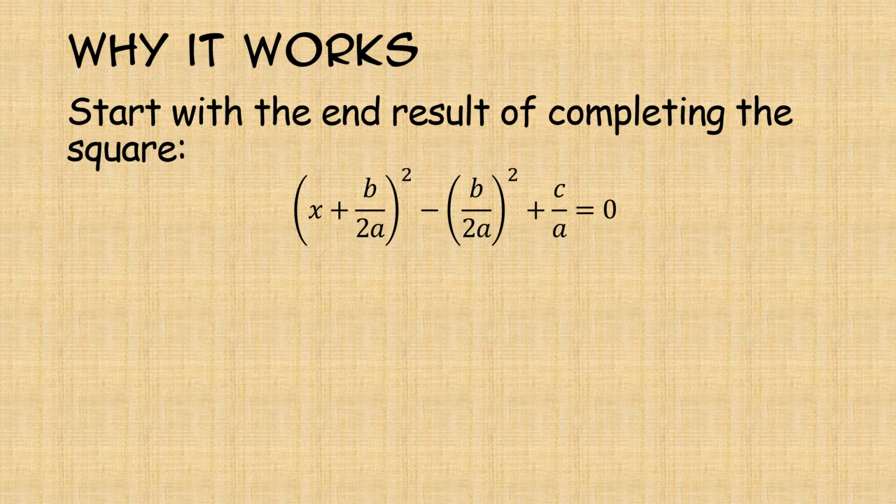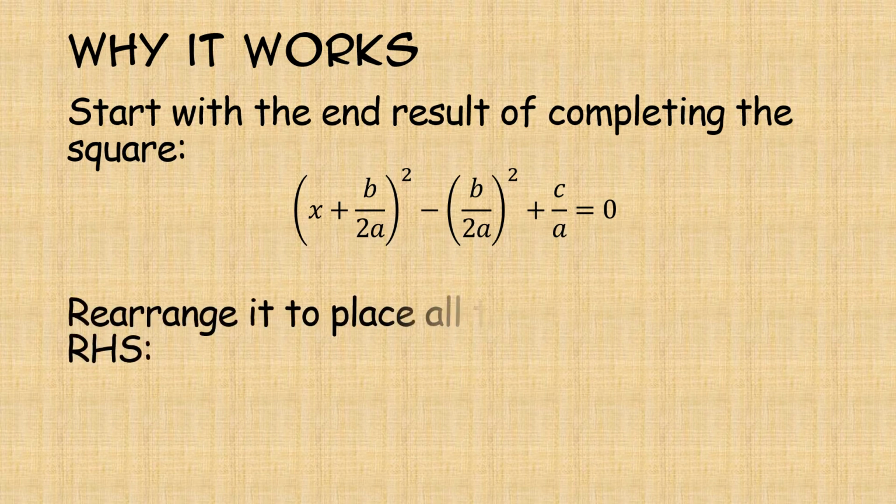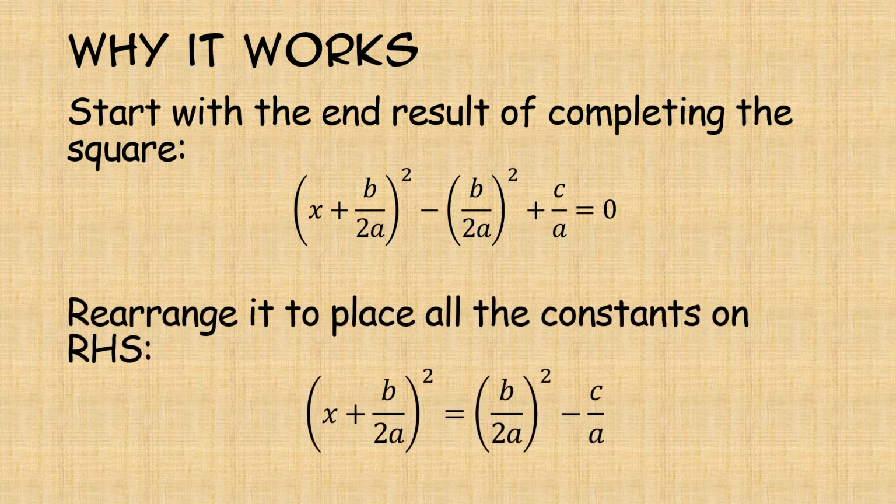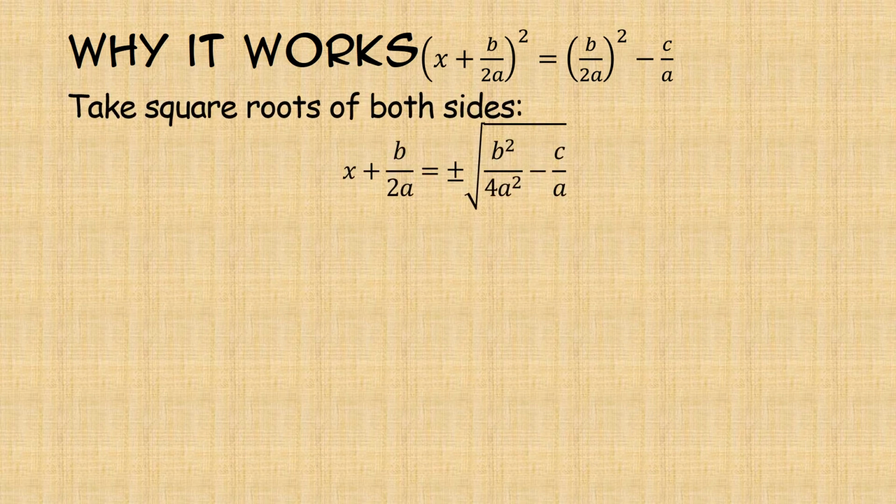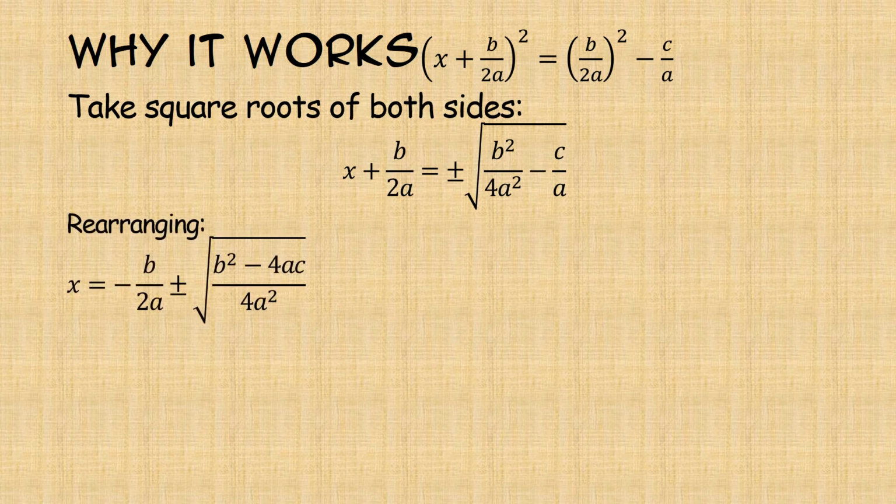Then we rearrange to put all the constants to one side, as I mentioned earlier. We take the square roots of both sides, remembering again to add in the plus minus sign, and then we move the constant b over 2a from the left-hand side to the right-hand side, while at the same time making everything inside the square root one fraction.